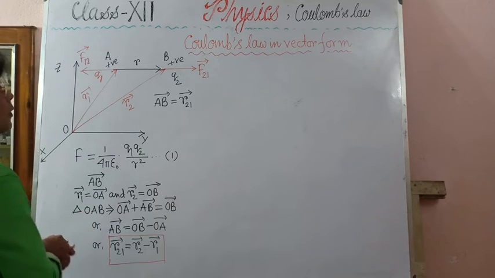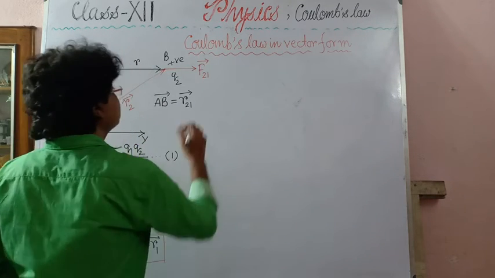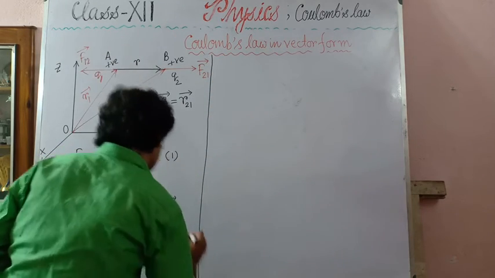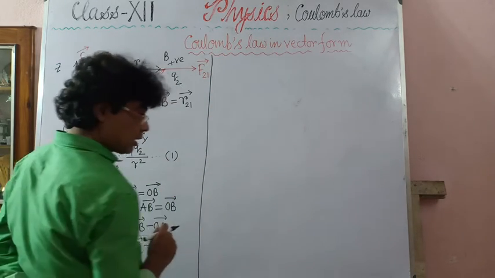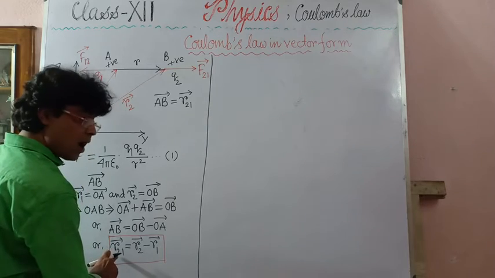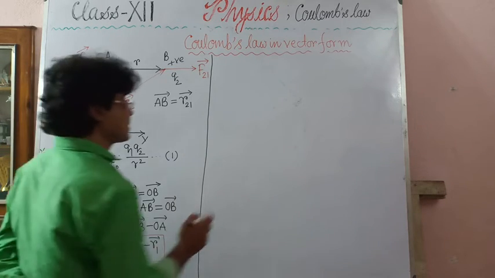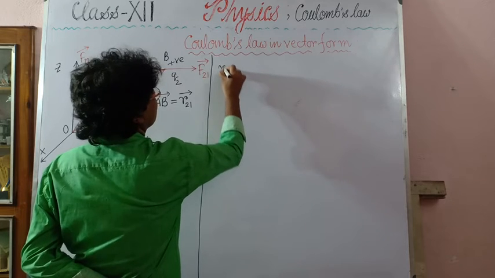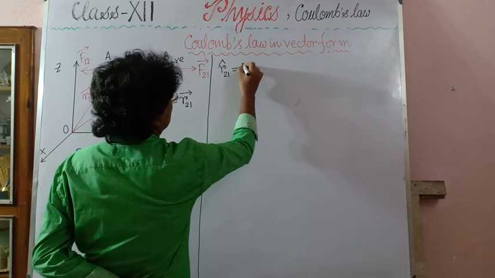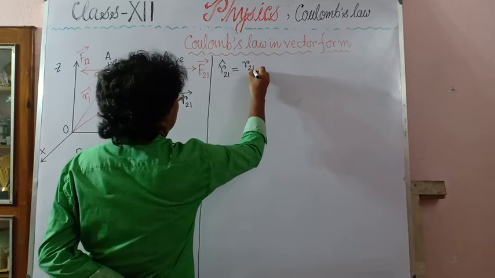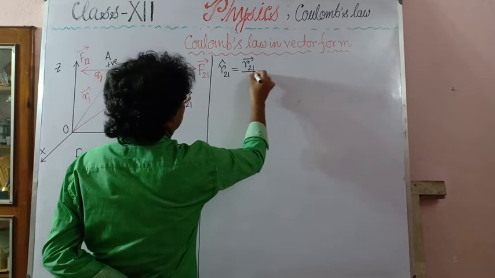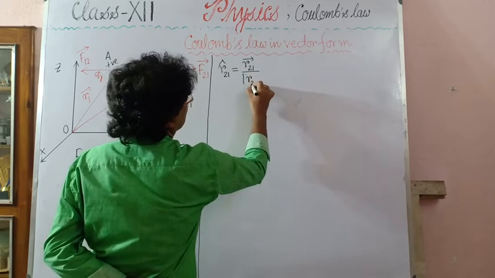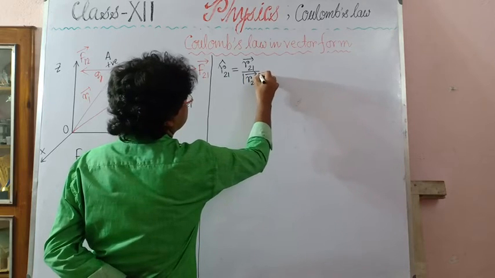So we can write unit vector along R21 vector as R21 cap equals R21 vector by mod of R21 vector.